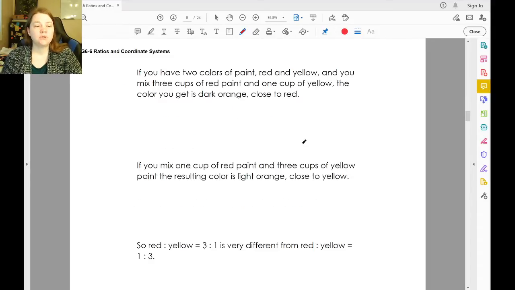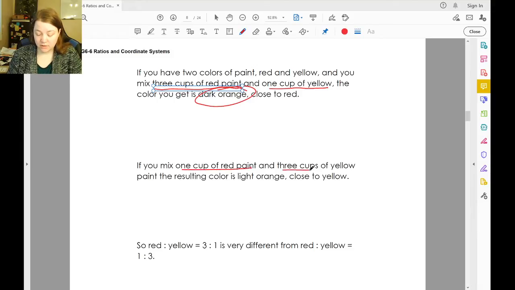If we have 2 colors of paint, red and yellow, and we mix 3 cups red paint to 1 cup yellow, we get dark orange. If we mix only 1 cup of red paint to 3 cups of yellow, then we get a light orange.